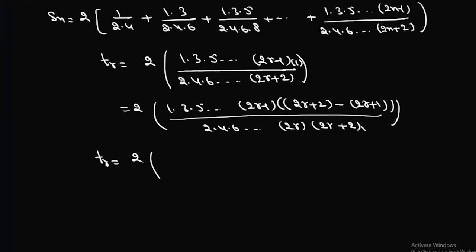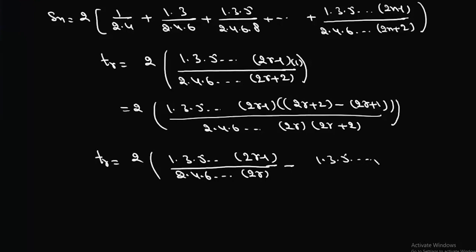For this first part, 2r plus 2 will cancel, so we get 1 into 3 into 5 up to 2r minus 1 upon 2 into 4 into 6 up to 2r, and then minus 1 into 3 into 5 and this is 2r plus 1 upon 2 into 4 into 6 up to 2r plus 2. So that's your Tr.